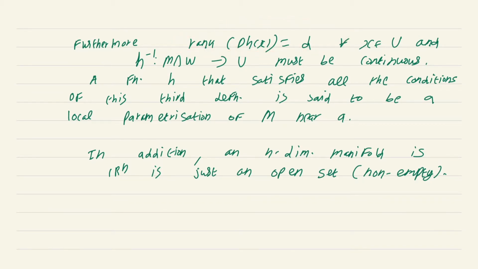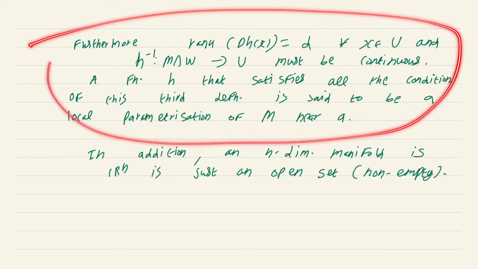But it might be possible to manufacture from this function H a local parametrization in the sense of this definition. So we will sometimes say that a map that takes an open set U and maps it to a portion of M, even if it doesn't satisfy all these conditions, we might still continue to call it a parametrization. So that's just an abuse of terminology. It's just for convenience. I don't want to invent a new term for that specific situation that arises so often. So I'm just going to call that also a parametrization. But we will make clear when we want to say something is a local parametrization of M near A, we mean something that satisfies all these conditions.